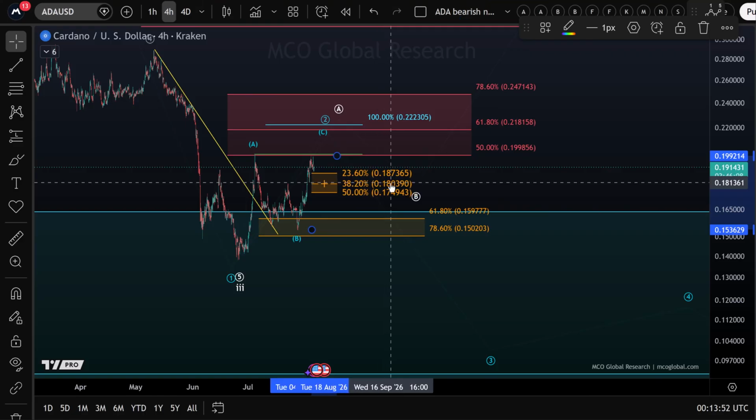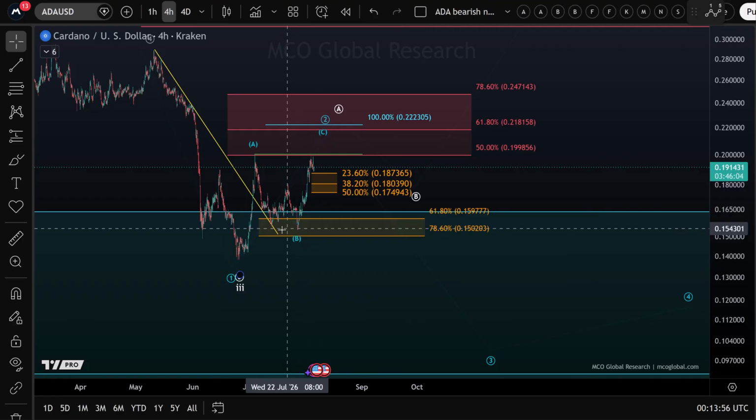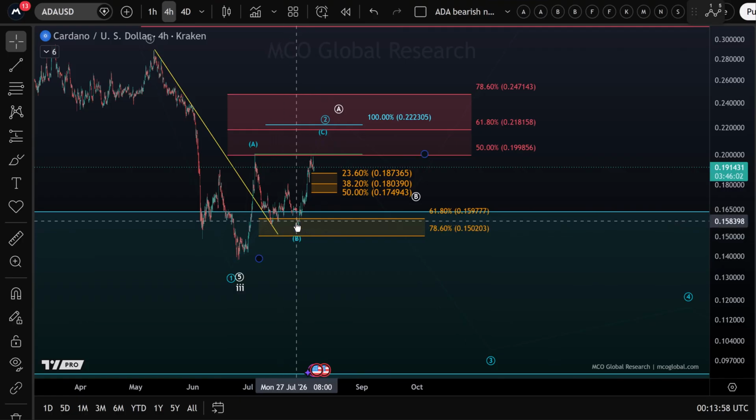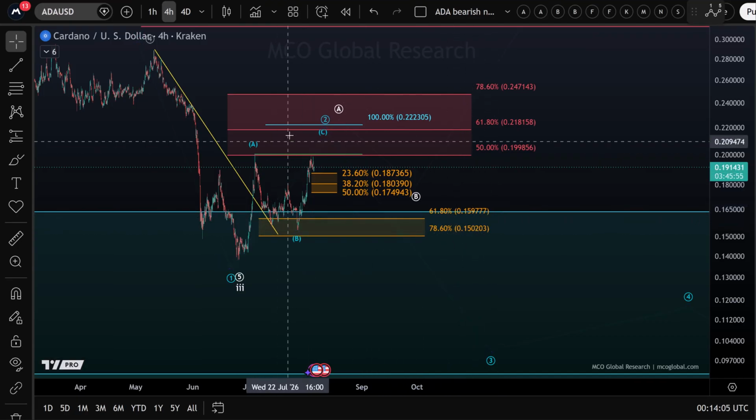A break below it would be a first sign that this bounce that started in July from our micro support area down there at 15 to 15.9 cents is already over.